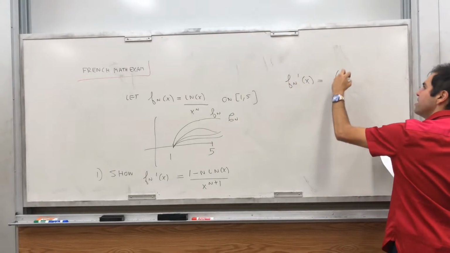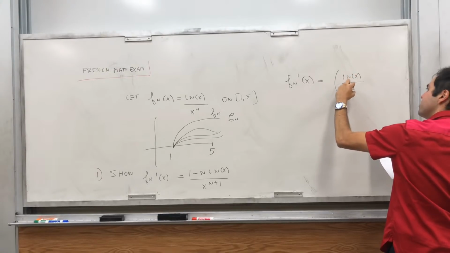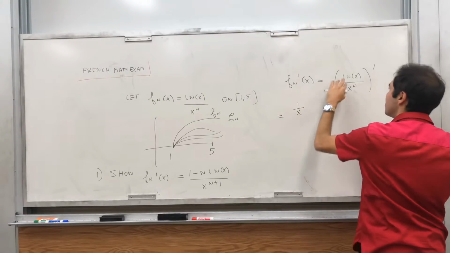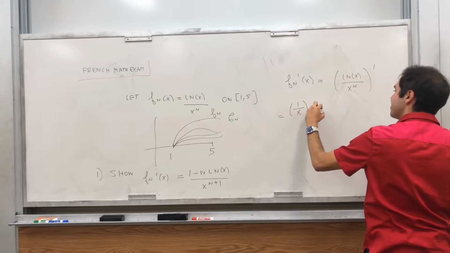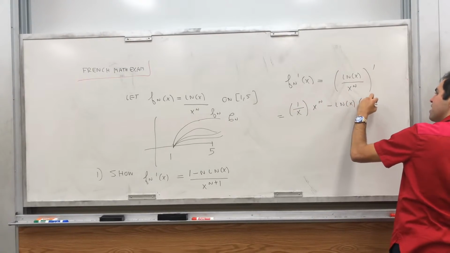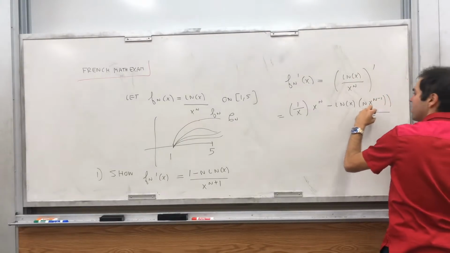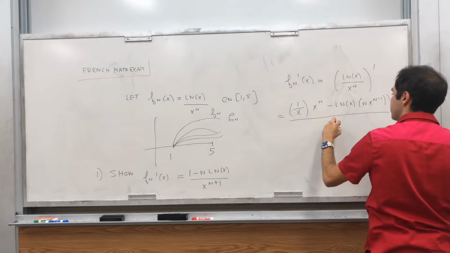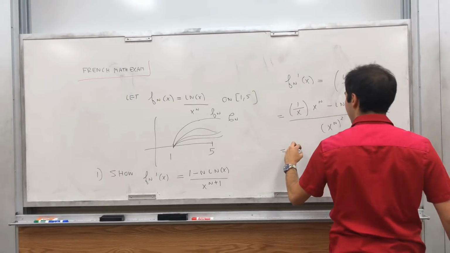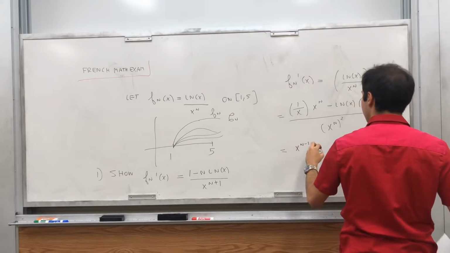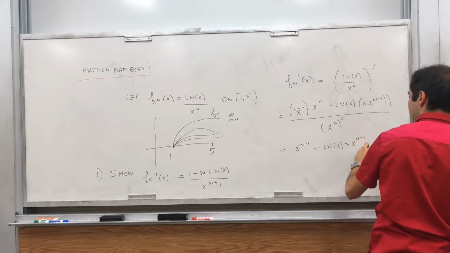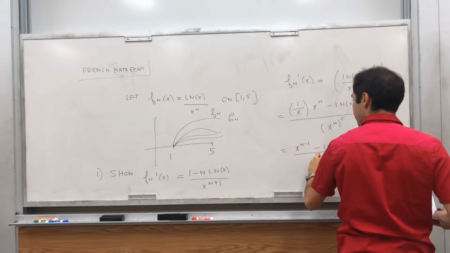So the derivative is ln of x times x to the n, prime, and this is the derivative of ln of x, so 1 over x times x to the n, minus ln of x times the derivative of x to the n, which is n x to the n minus 1, over this squared, so x to the n squared, which becomes x to the n minus 1 minus ln of x times n x to the n minus 1, over x to the 2n.